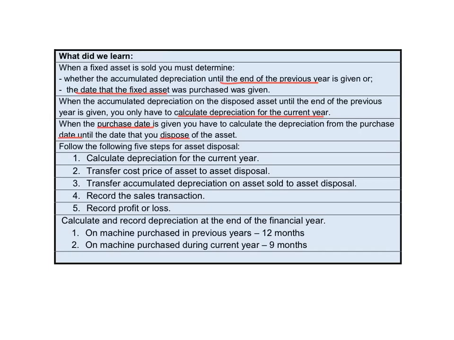When we complete the transactions for asset disposal, we have 5 steps. Step number 1, we will calculate depreciation for the current year for the number of months that we use the asset in the current year, and will debit depreciation and credit accumulated depreciation.